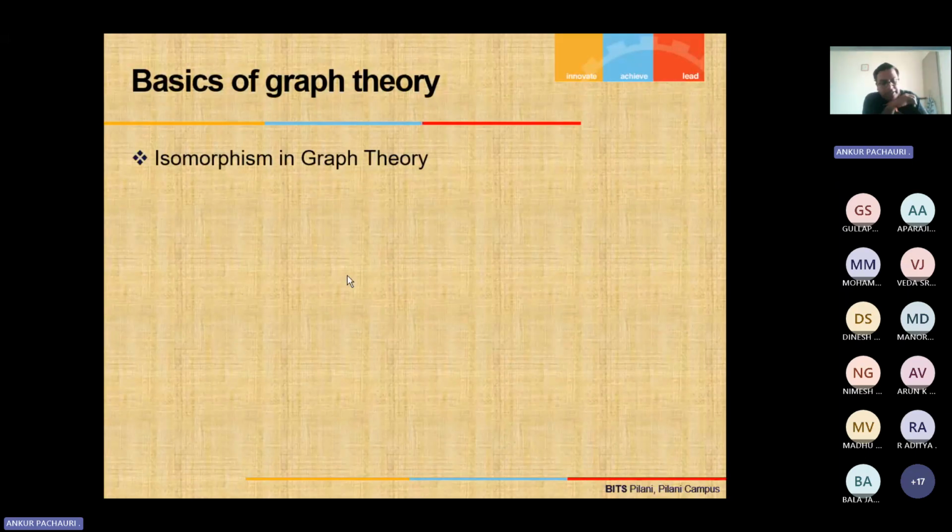Now the topic that we're going to start with is isomorphism in graph theory.